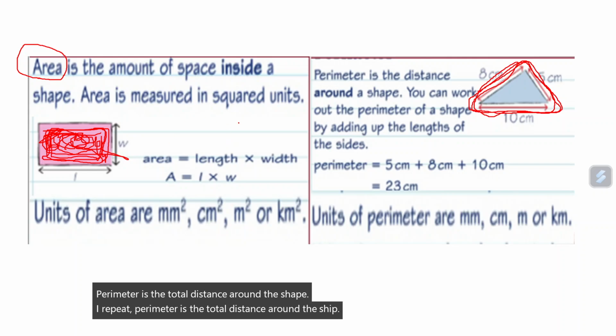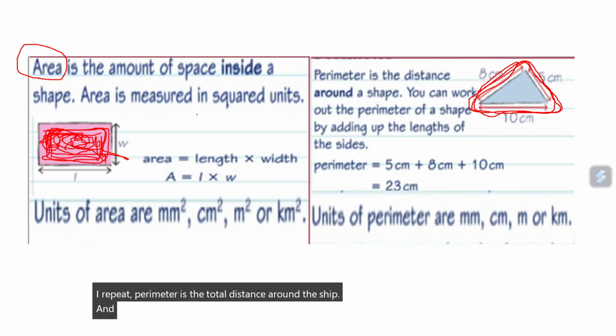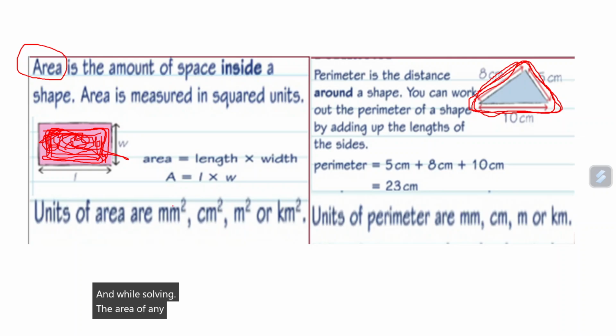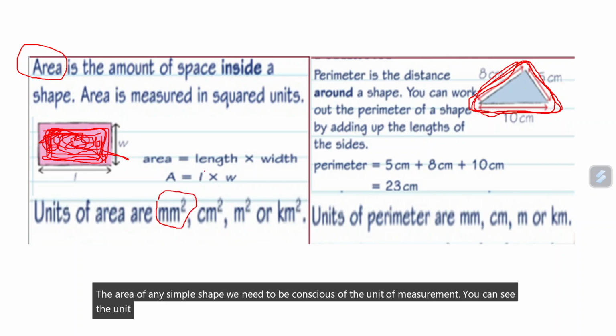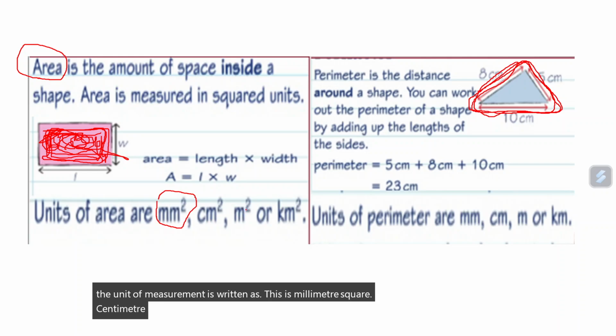And while solving the area of any simple shape, we need to be conscious of the unit of measurement. You can see the unit of measurement is written as this. This is millimeter square, centimeter square, meter square, or kilometer square.